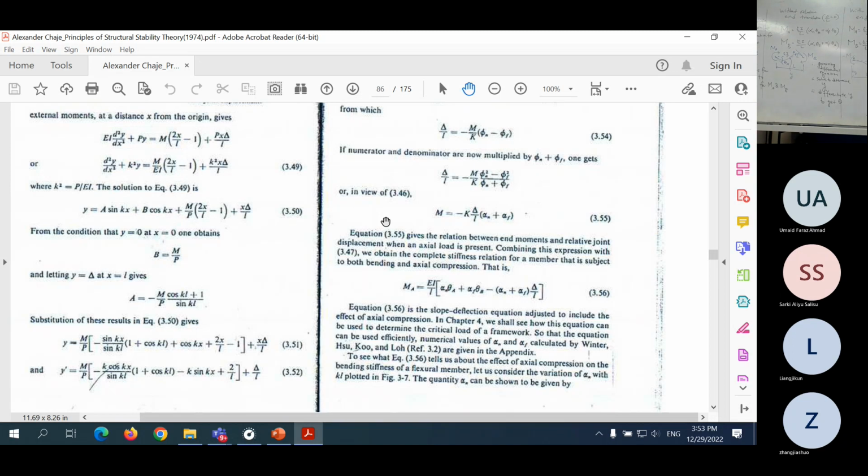Remember there is an EI over L first, which is K, represented by capital K in this book here. Then multiply in the parenthesis alpha N theta A plus alpha F theta B minus parenthesis alpha N plus alpha F delta over L. That is for M_A, and the same thing for M_B. After we take a short break, I will explain how to solve this, what alpha N is, what alpha F is, and how we solve this, because this equation for alpha N is very complicated.